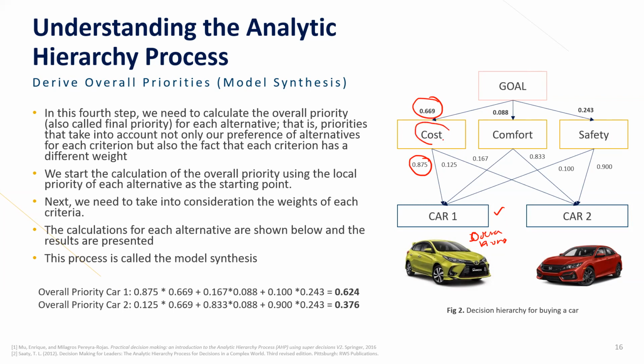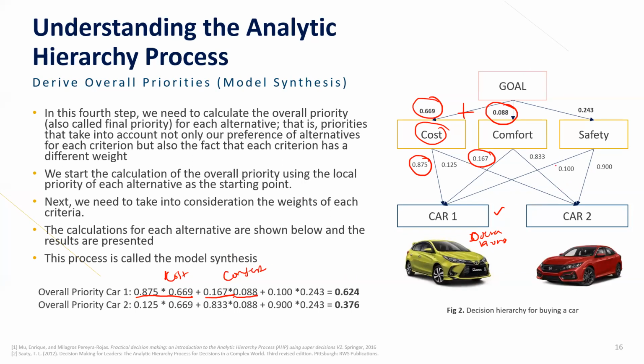For example, related to cost, you get 0.669 multiplied by 0.875. This is the first part. Then for comfort, you add 0.088 multiplied by 0.167. This one is for the cost, this one for the comfort.